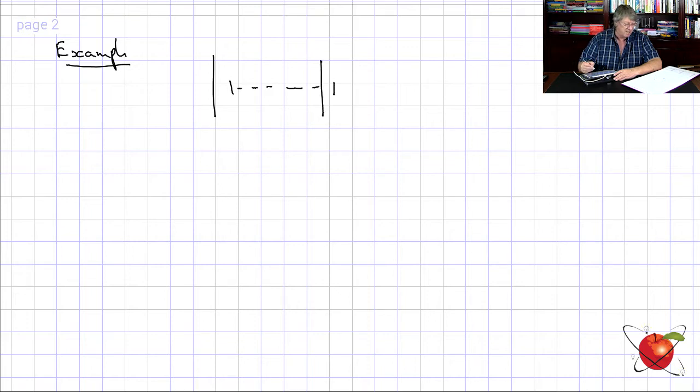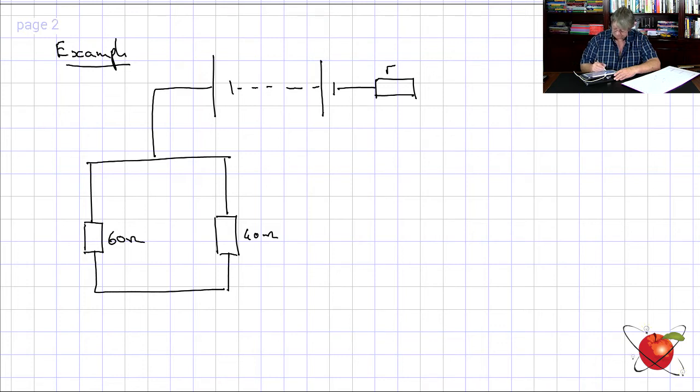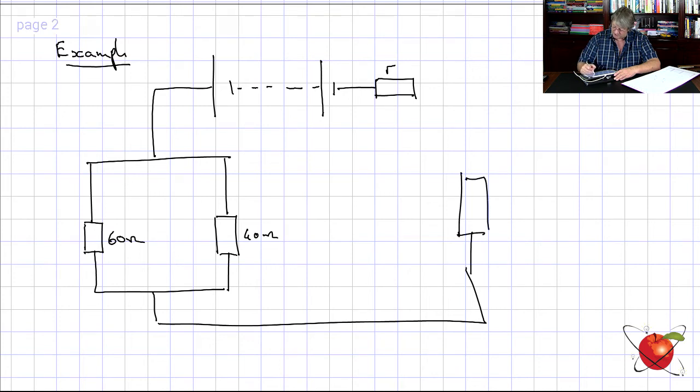They've given us that as their R, and then we come down this side, and over here we split into two resistors, I think they are 40 ohms and 60 ohms. Then we continue down, and up here they've given us a resistor Z. They haven't put in the dotted lines.